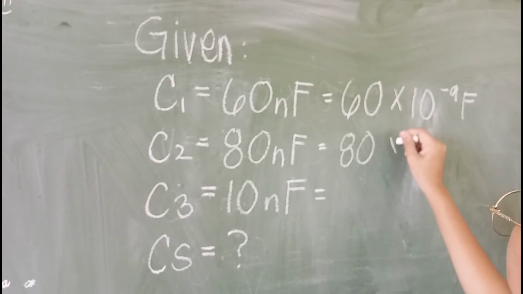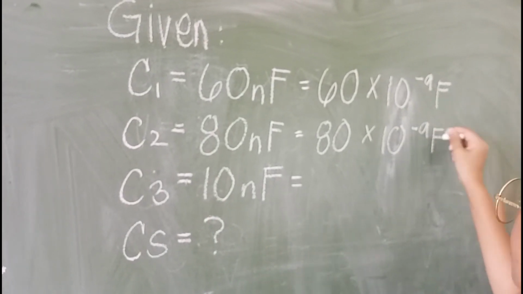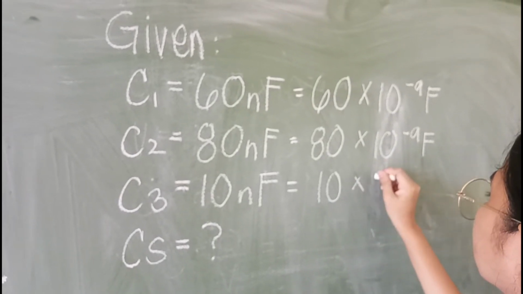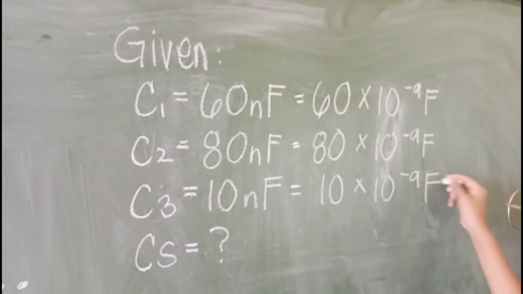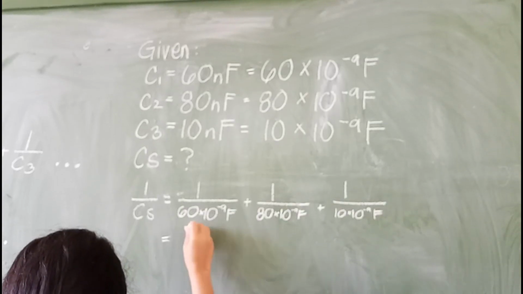Here is an example. Capacitance 1 is equal to 60 nanofarads. Capacitance 2 is equal to 80 nanofarads. Capacitance 3 is equal to 10 nanofarads. What is the total capacitance?